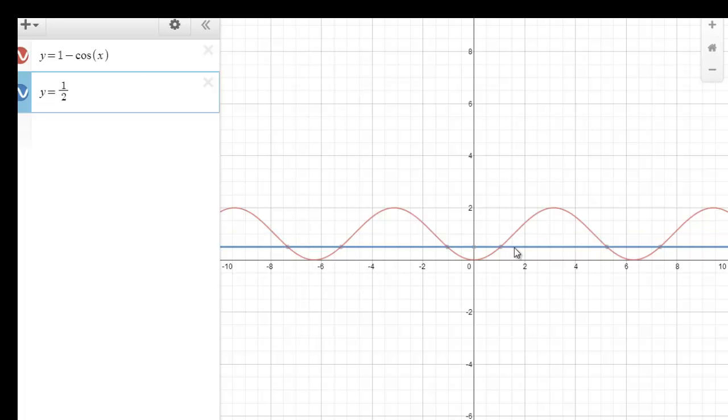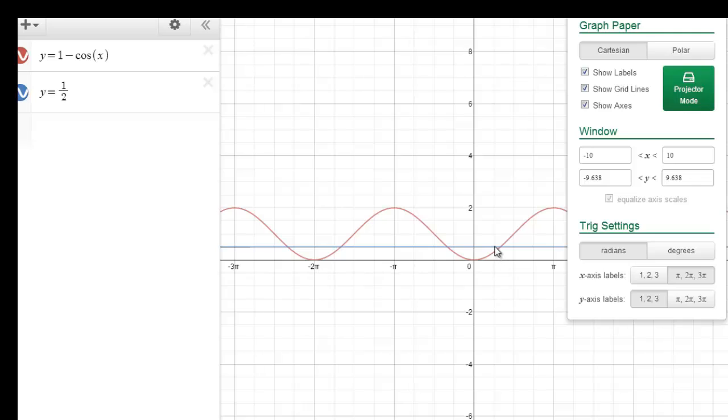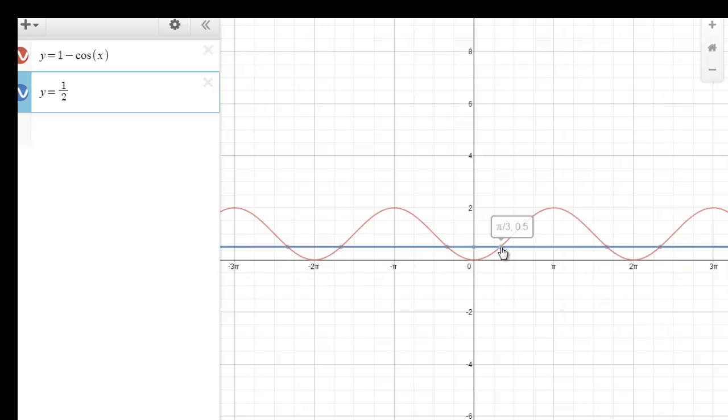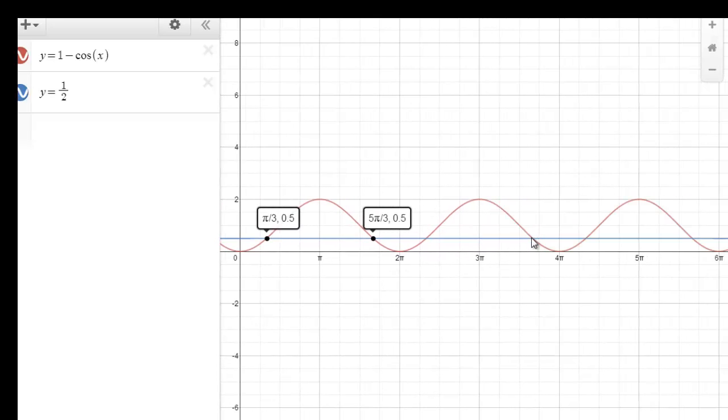And we want to know where these points of intersection are. I think it's kind of nice to see the x-axis scaled in terms of pi and find these values. So according to our math, there's supposed to be one at pi over 3 and at 5 pi over 3. So you can see them both there. And then you can see the next ones are here and here.